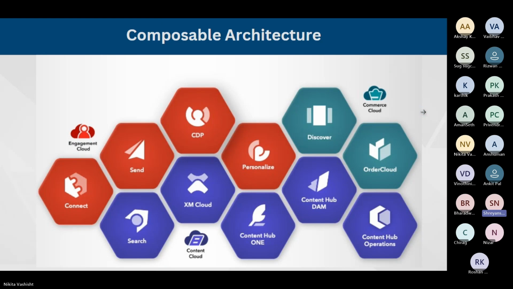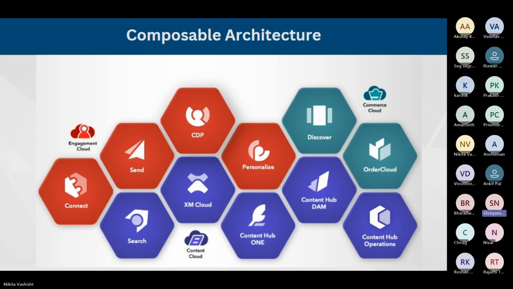So before we even begin with XM Cloud, let's take a step back and understand what is composable architecture, what it is all about. In our traditional XP XM, at the DXP platforms, which we usually call it, all the products were clubbed together in one particular instance.